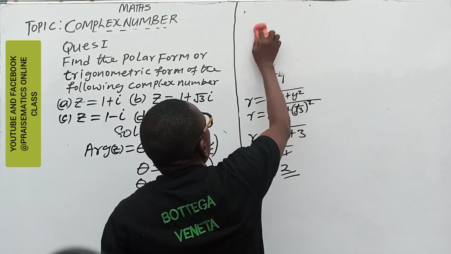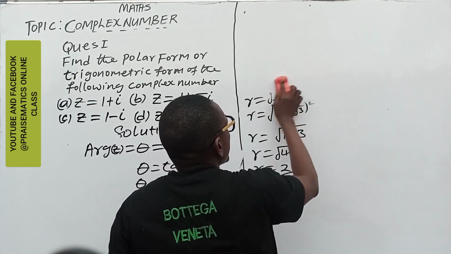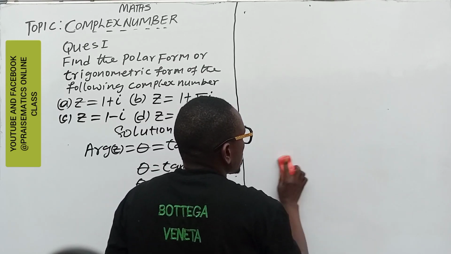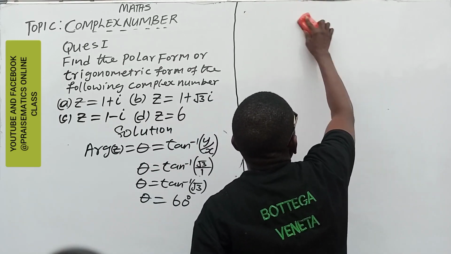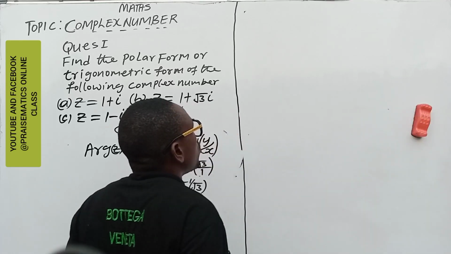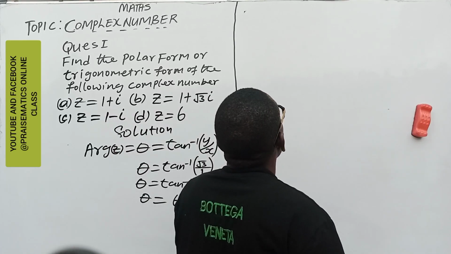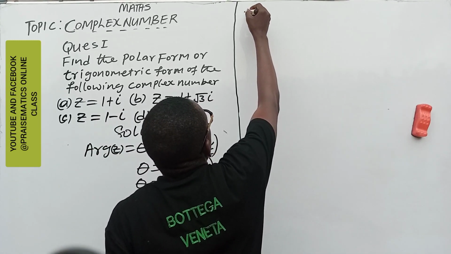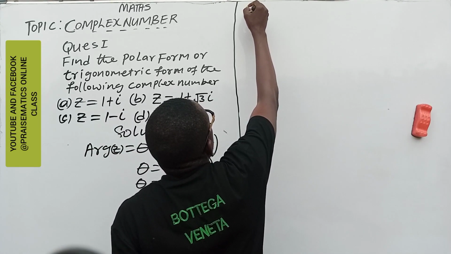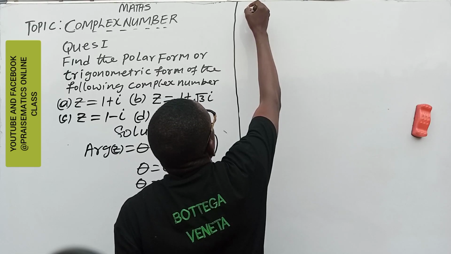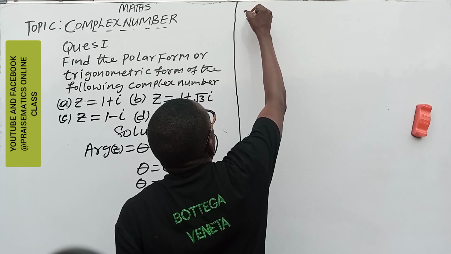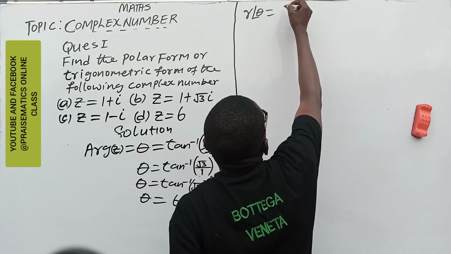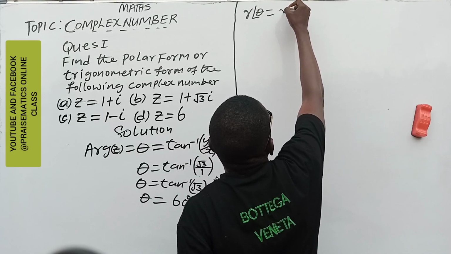Now we have to put them in the final stage, which is to transform it into the polar form of a complex number. So we have succeeded in getting the modulus and the argument, arg z. Always recall that r theta is equal to r cis theta, you can write it in short form.